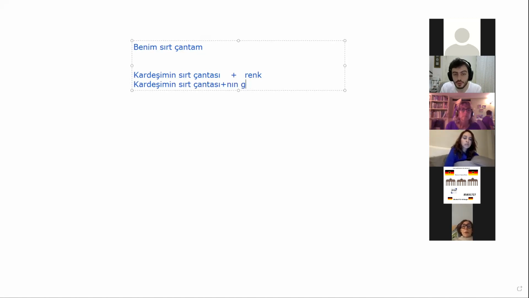And then you will also add a possessive at the end of the word renk. So it's going to be kardeşimin sırt çantasının rengi. And then you can finish the sentence with kahverengi, or mavi, I don't know. Basically, whatever the color is.